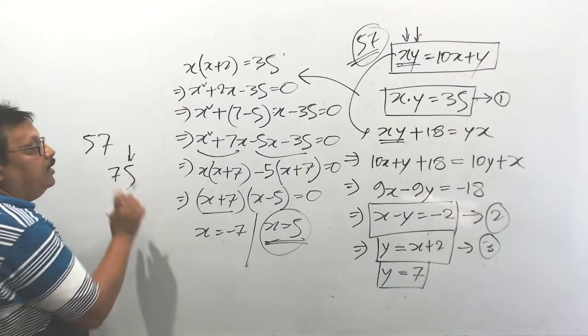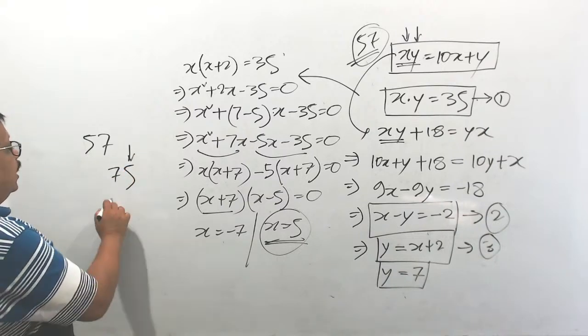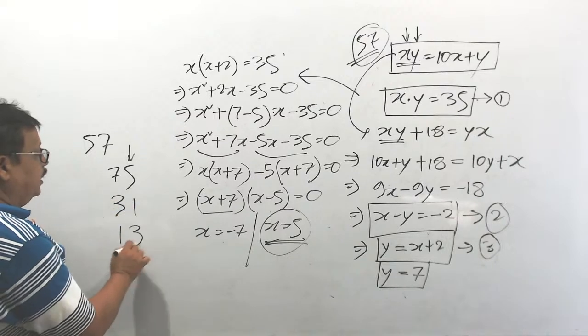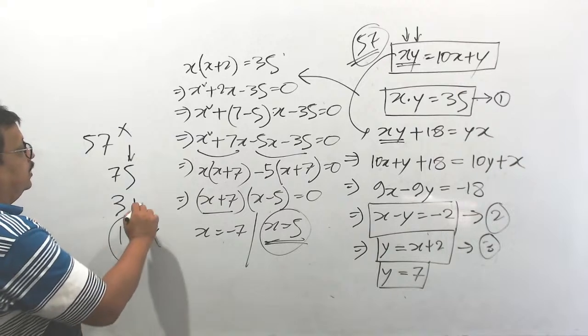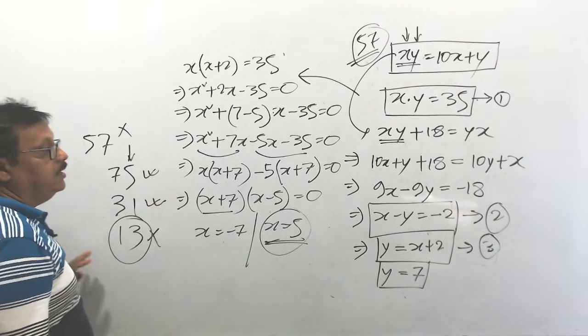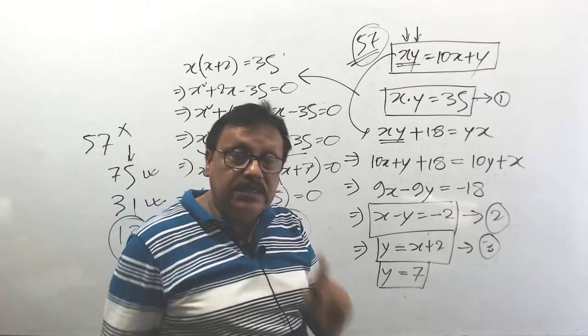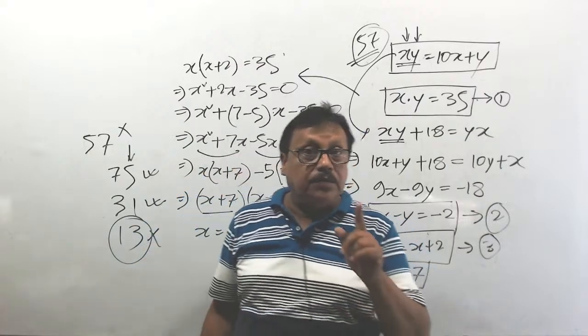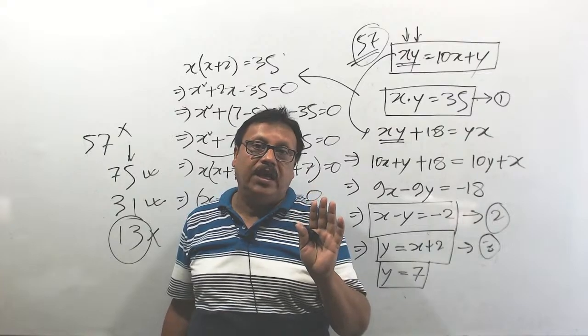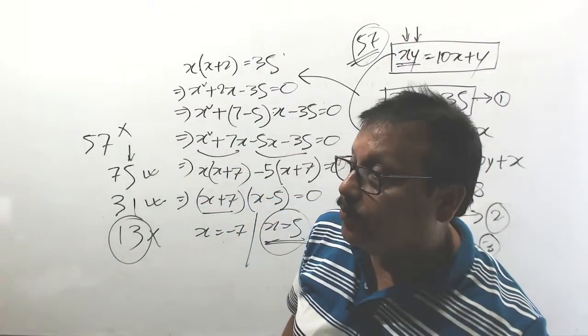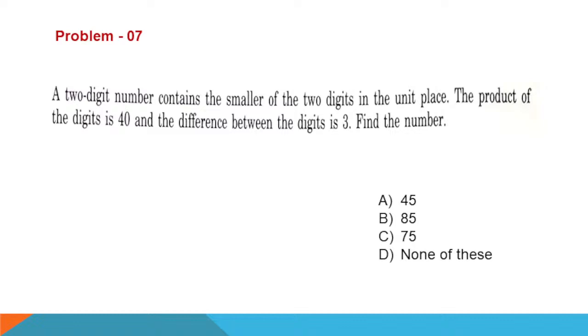Smaller number will be in the unit place. Say 31, yes, correct. But 13, no, it is not correct. For a two digit number, the smaller digit will lie in the units place. Understood? This is the condition.